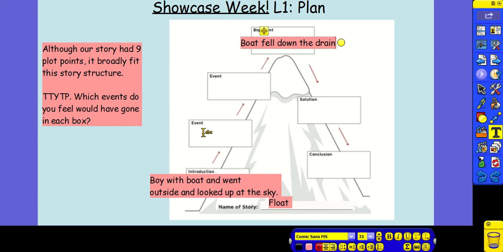So, the events that built up to that were, first of all, there was a big storm. Okay, and we know lots happened in that big storm and how the boy felt during that big storm. Then, the storm calmed down and the boy released his paper boat.